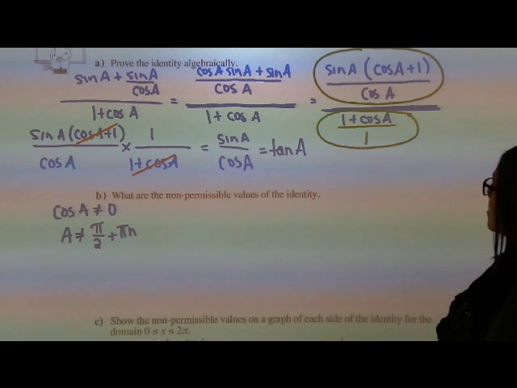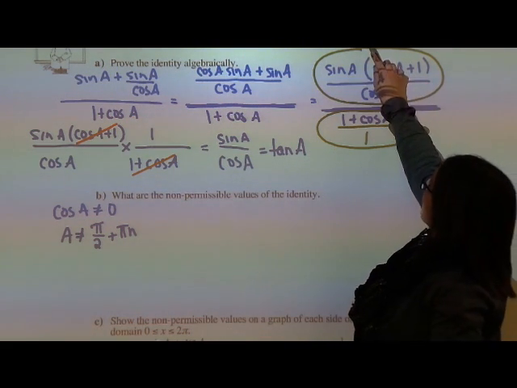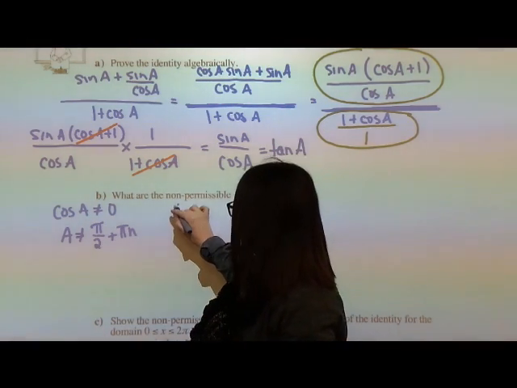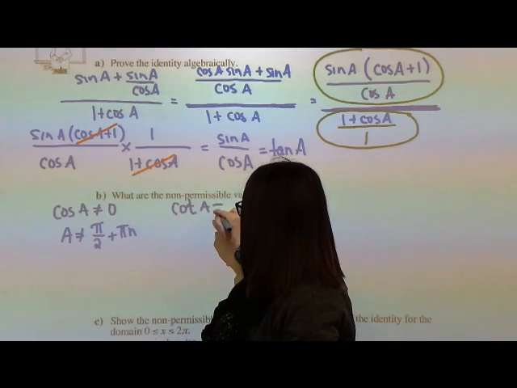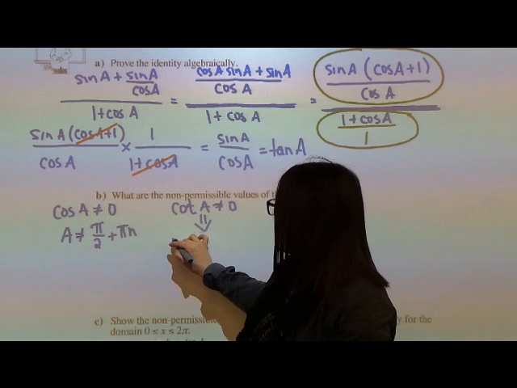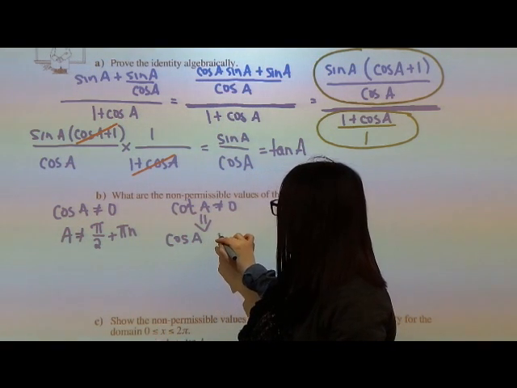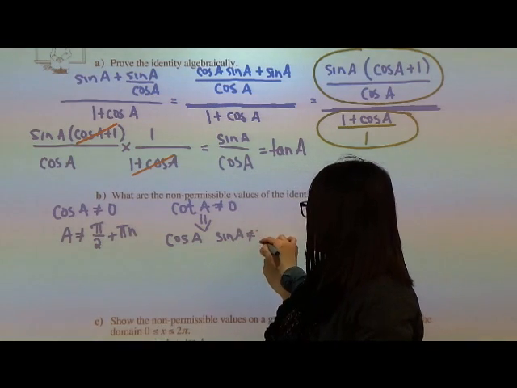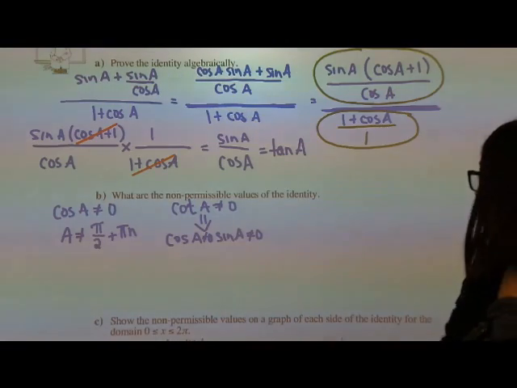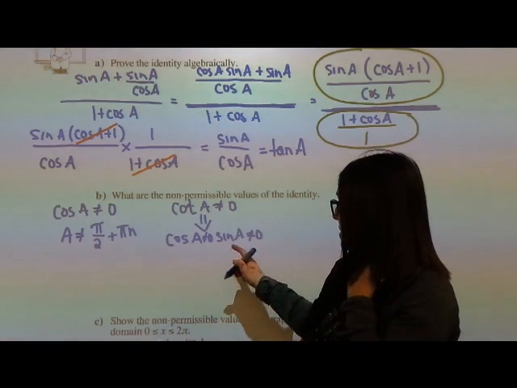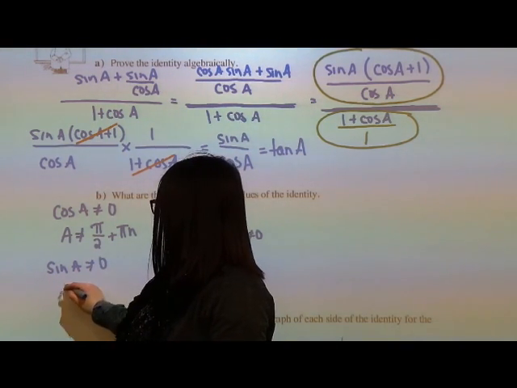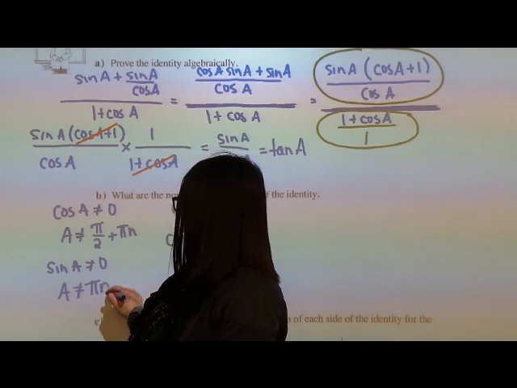What else do I have for denominators? I have right here, cotangent A can't equal 0. So if cotangent A can't equal 0, it implies that neither cos A nor sine A can equal 0. So here's my new one. Sine A can't equal 0. So that means A can't be multiples of pi.